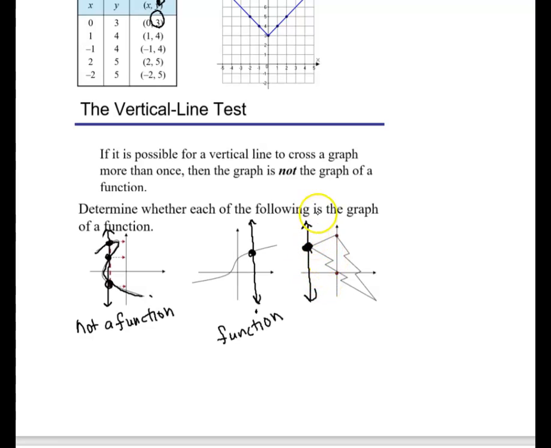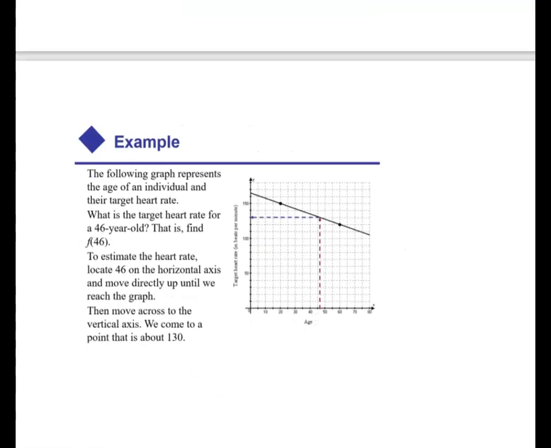But if you draw a vertical line anywhere and it hits more than once, this one actually would hit it 1, 2, 3, 4 times if we draw a vertical line through there. This is not a function. With the vertical line test, it can only hit it once if you draw a vertical line anywhere on your graph.